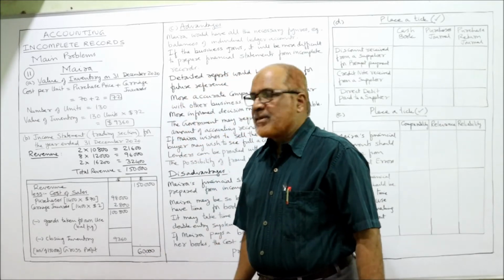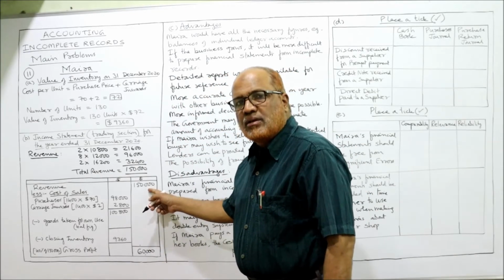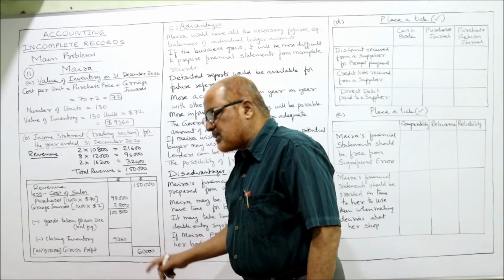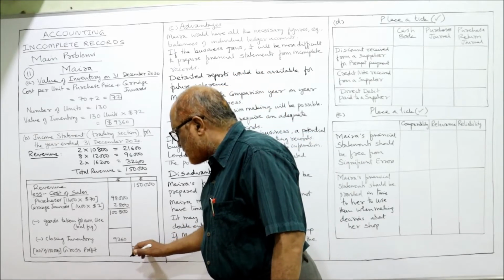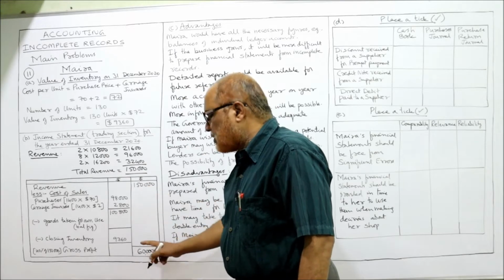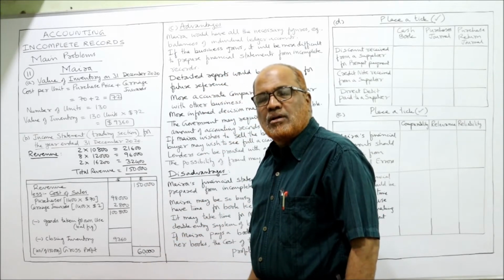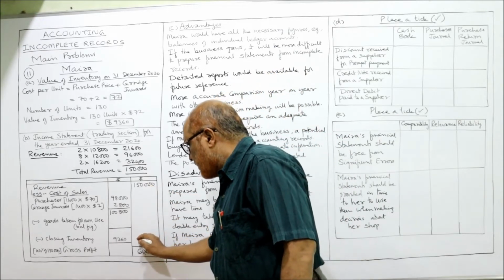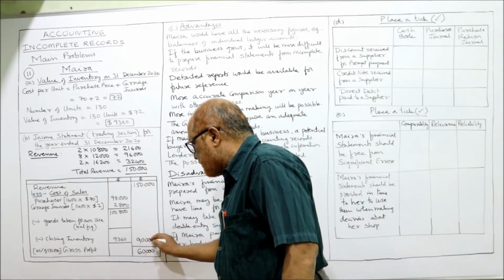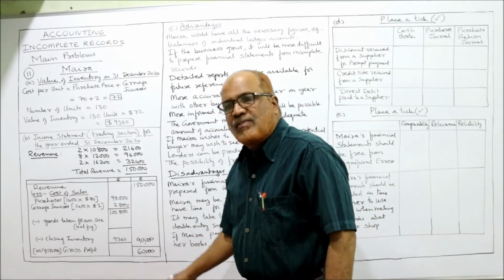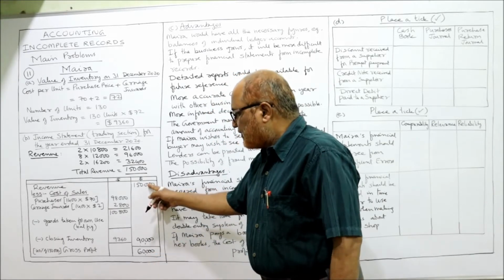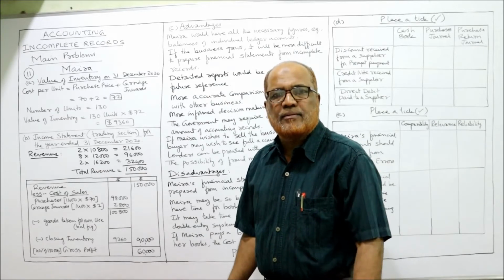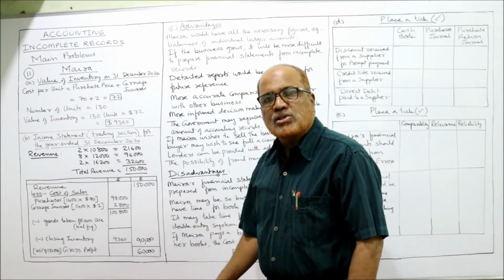Now see here. From 1,50,000, if the cost of sales is withdrawn, then you will get 60,000. So how much will be the cost of sales? 1,50,000 minus 60,000, you will get 90,000. Because 60,000 we have calculated, 90,000 is the cost of sales.